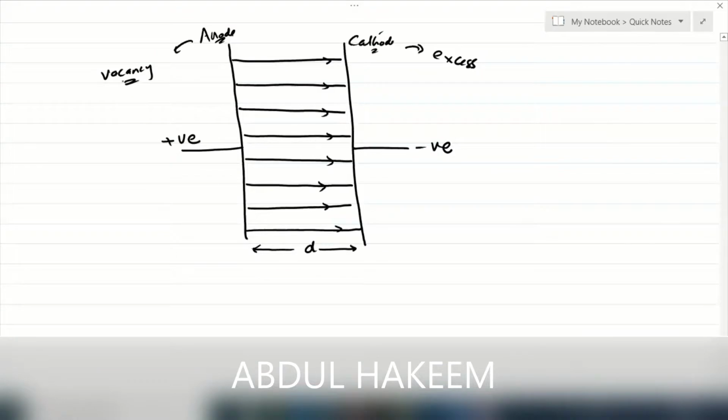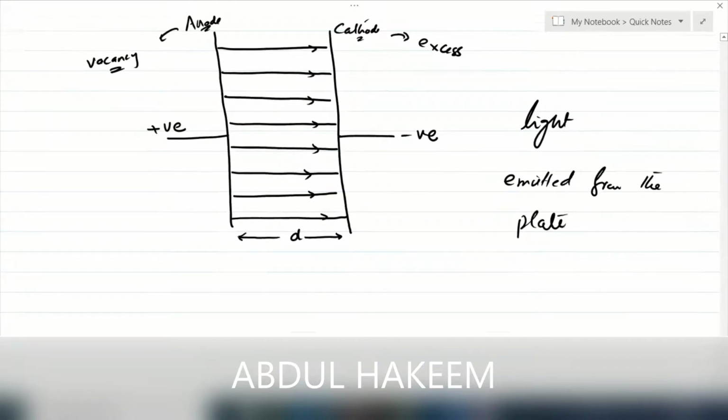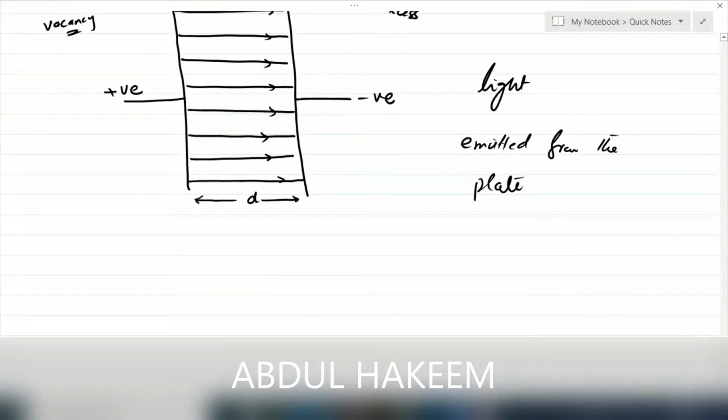Now, when this pair of plates is placed in sun, due to the light, electrons will be emitted from the plate. So the emission of the electron from any cathode with the help of the light is called photoemission.